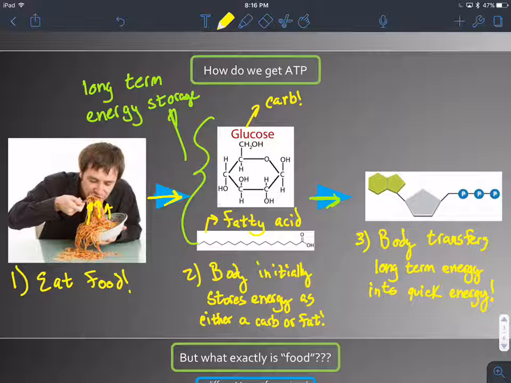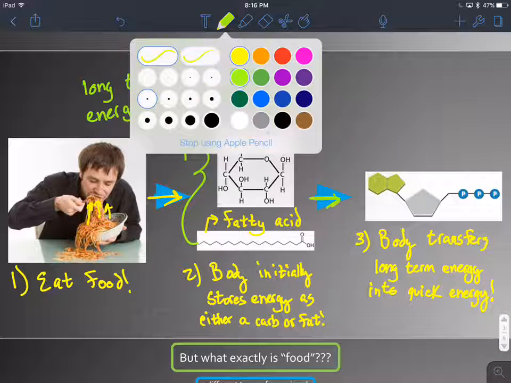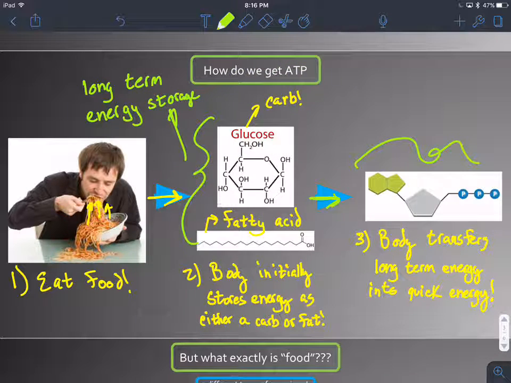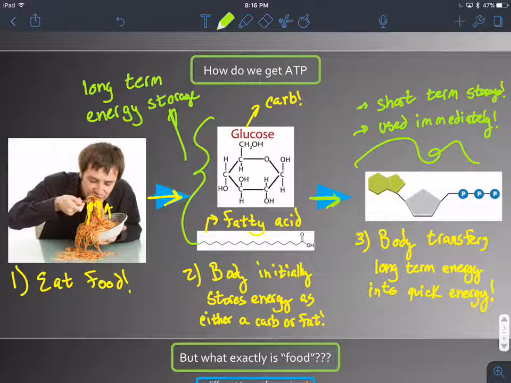ATP does not last long. It is short-term energy. It's used immediately. Okay, and that's very important to understand.